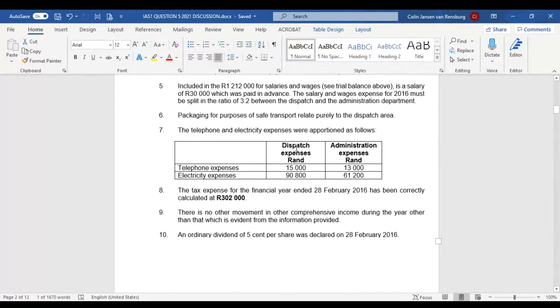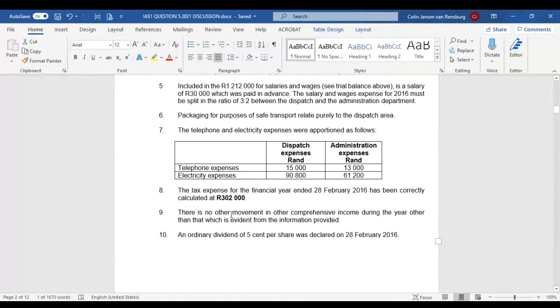Certain amount of telephone expenses to the dispatch area, certain amount to the administration function, electricity also certain amount to dispatch, certain amount to administration, right? Paragraph 8, they tell us the tax expense for the financial year ended 28th of February 2016 has been correctly calculated at 302,000. That is a figure we need for the face of our statement of comprehensive income.